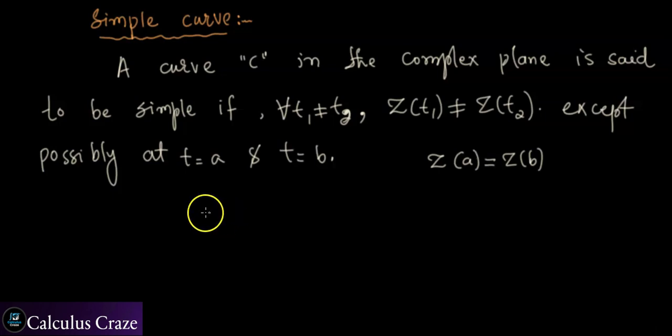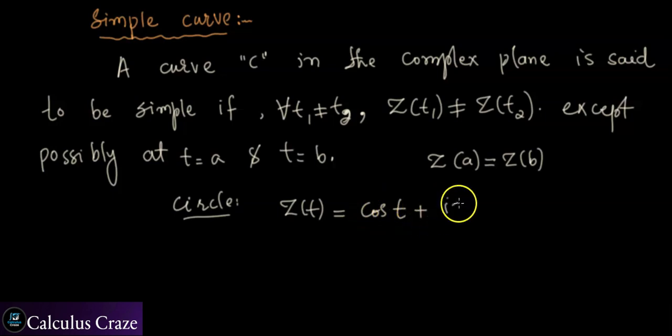For example, we can give the example of the circle. We have defined the circle to be z of t, which was cos t plus iota sine t, where t was running between 0 to 2 pi.